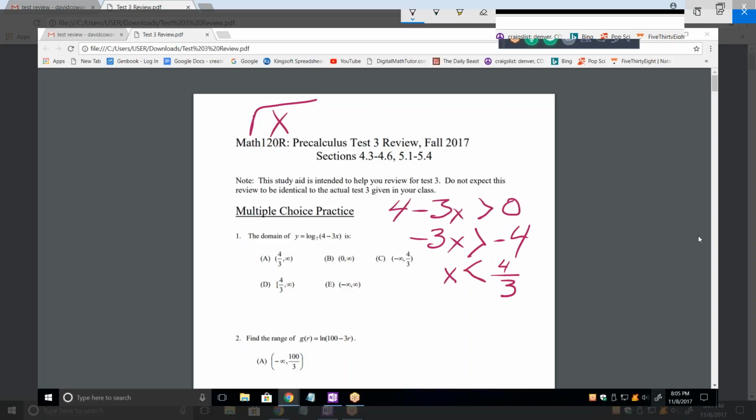Now, put that in interval notation, which all five answers are in. If x has to be less than 4/3, what is the allowable interval?